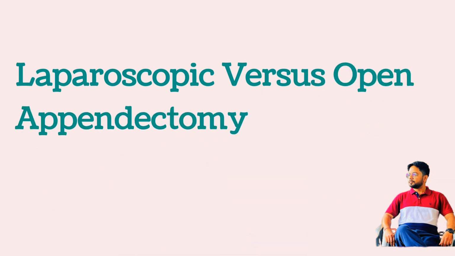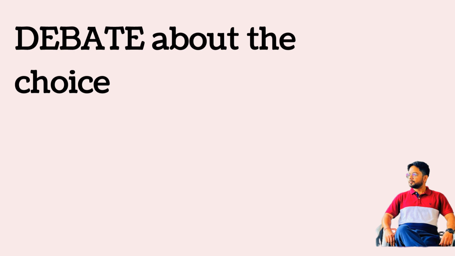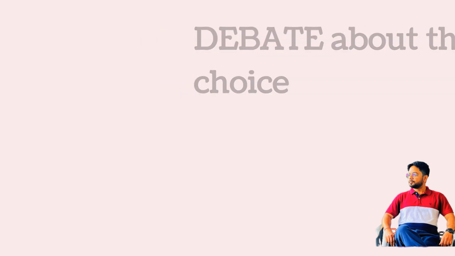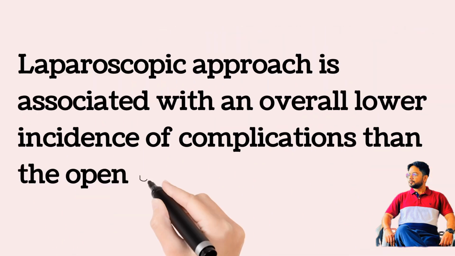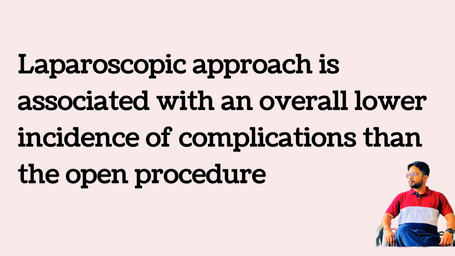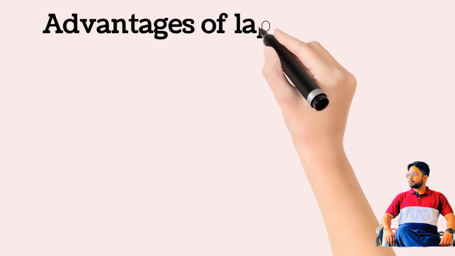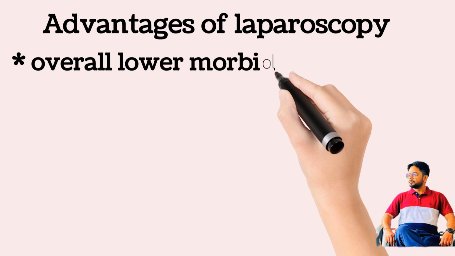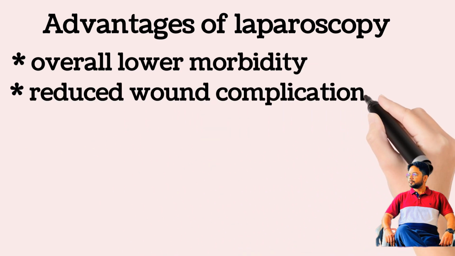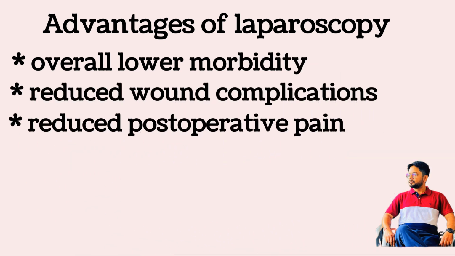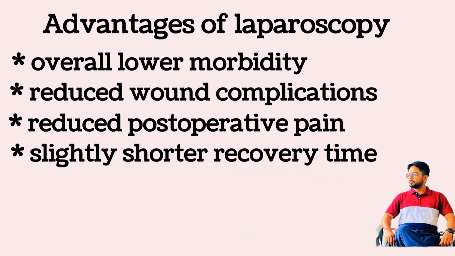The choice of open versus laparoscopic appendectomy for the treatment of appendicitis is debatable. Both approaches are acceptable. Advantages of laparoscopy, although small, are a lower overall morbidity, reduced wound complications, reduced postoperative pain, and perhaps a slightly shorter recovery time.